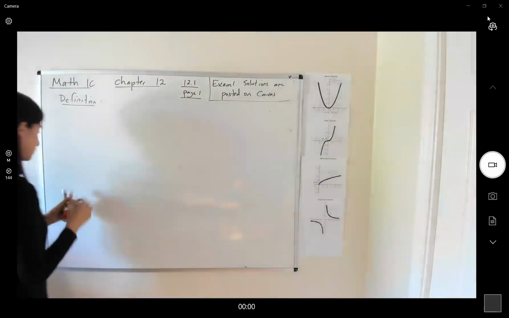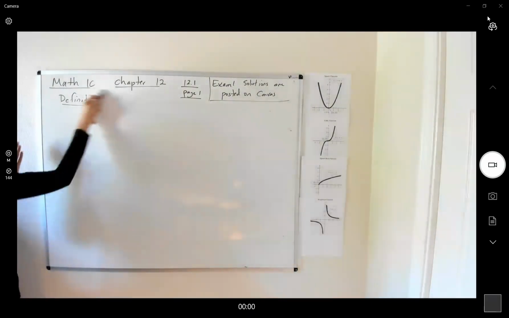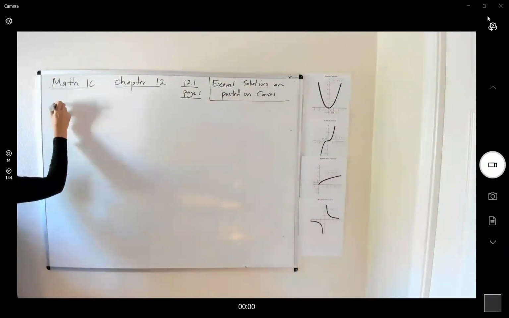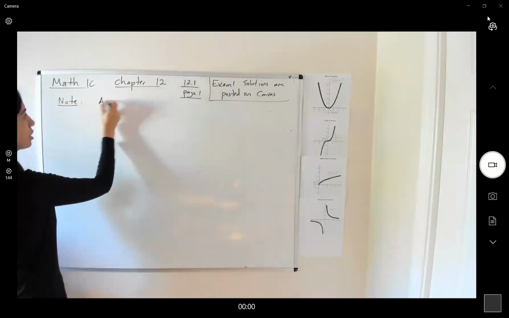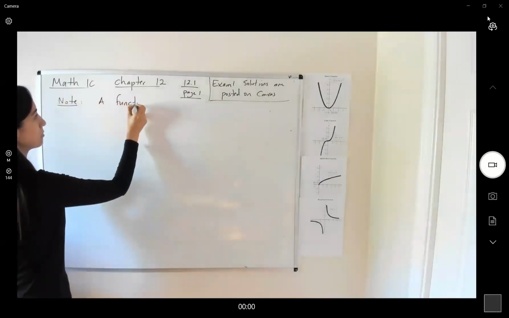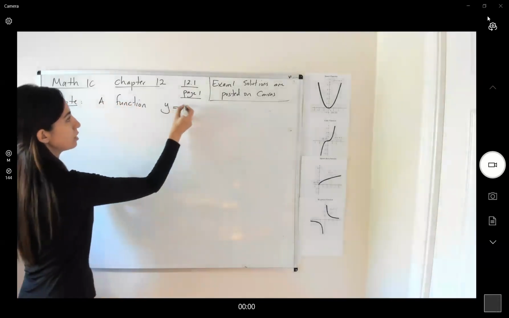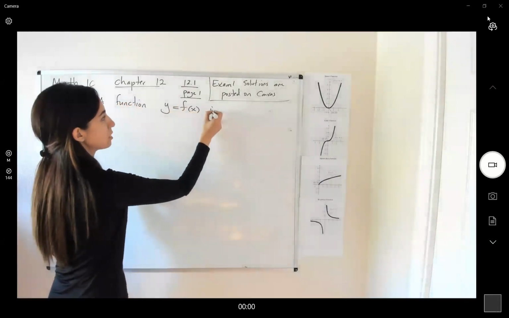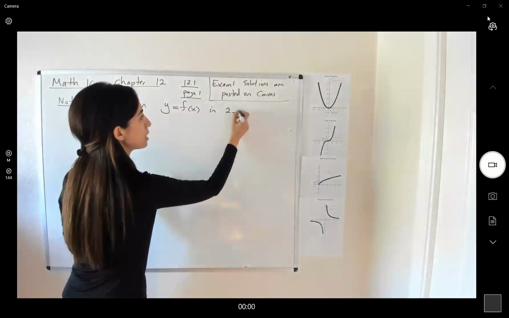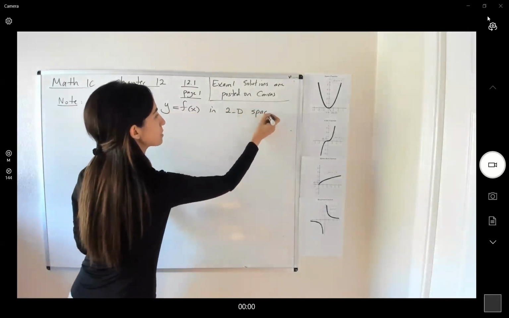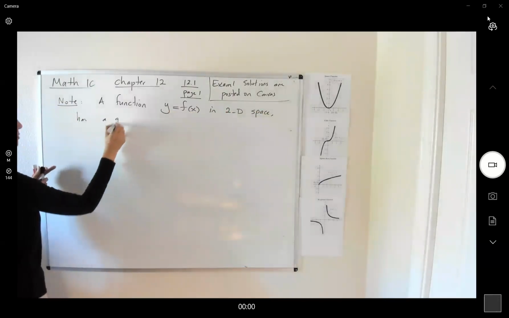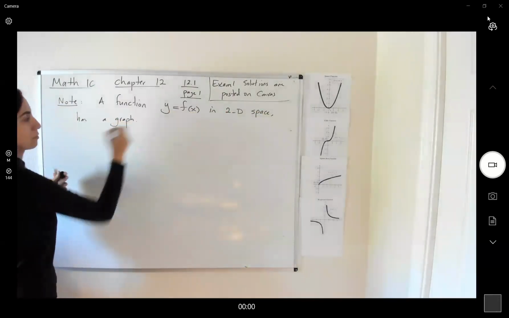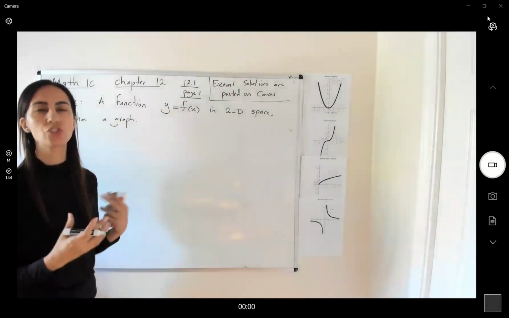So note, a function like y equals f of x in two-dimensional space has a graph. This graph is called just a curve.